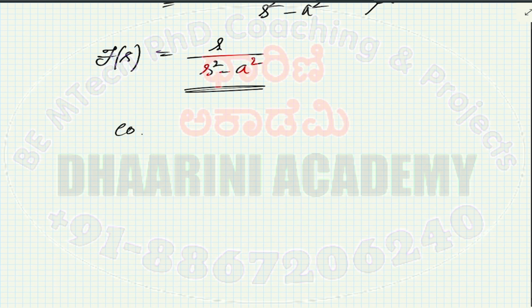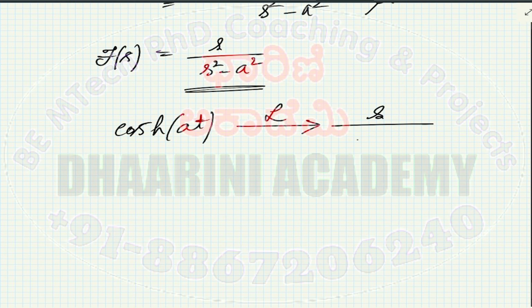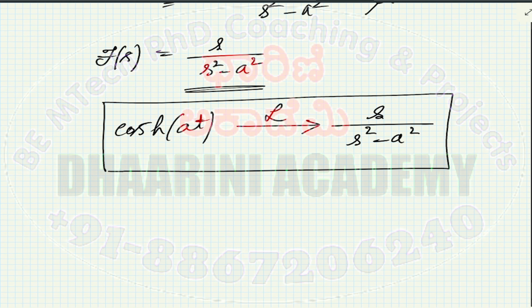So that is cos h of at will have its Laplace transform as s divided by s squared minus a squared. All right, so this is the answer.